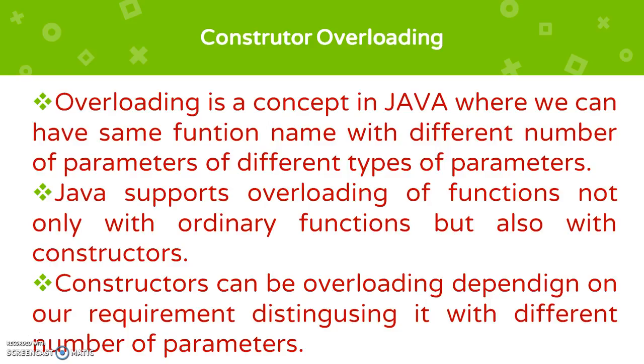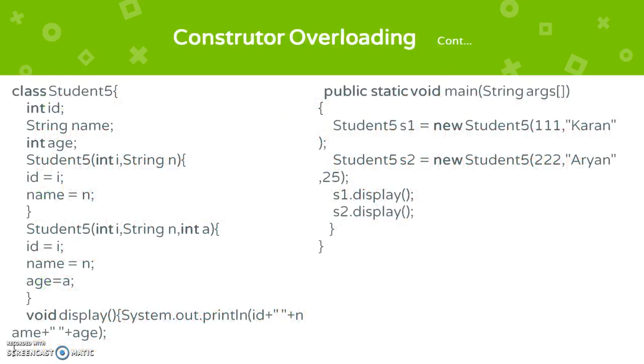To demonstrate that, I'm giving you a small example wherein I'm creating a class called student, once again with an ID and a name as in the last example. Here too I'm assigning the values to ID and name through I and n, the formal parameters. The point to be learned here is that in the first constructor, S1, I'm giving two parameters, 111 and Karan, which will be initialized to ID and name only.